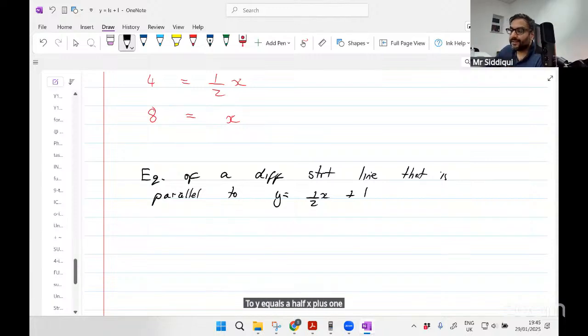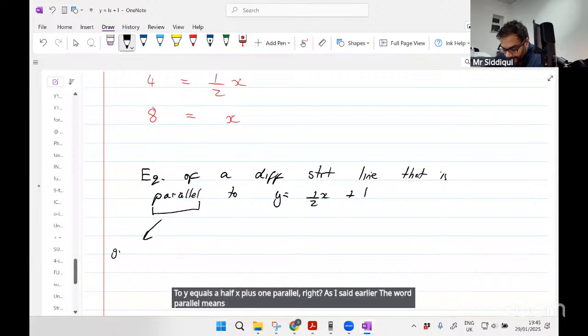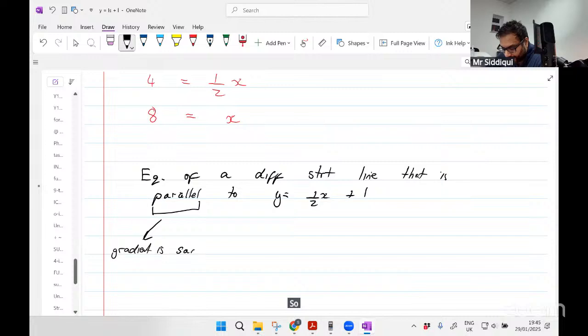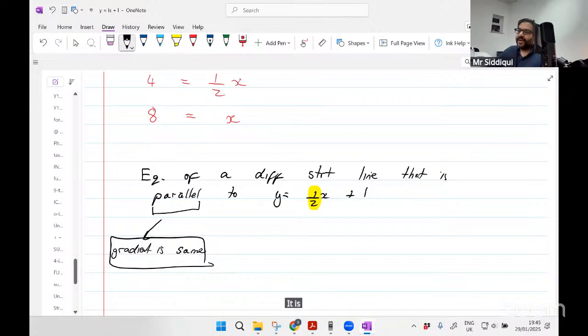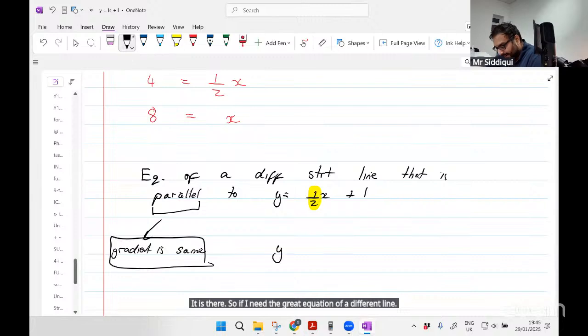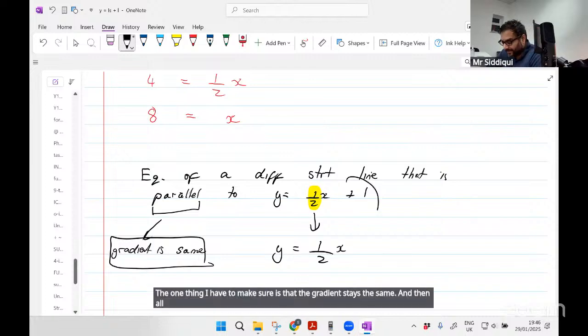As I said earlier, the word parallel means that the gradient is the same. So if two lines are parallel, they have the same gradient. Now, where's the gradient of this line? It is there. So if I need the equation of a different line, then the one thing I have to make sure is that the gradient stays the same.